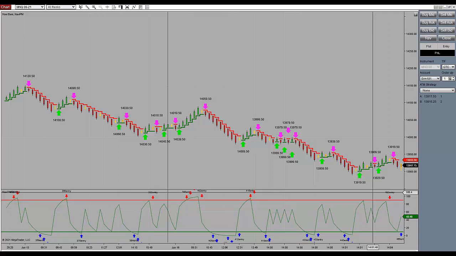I see some questions on stops. Now, one thing I recommend to everyone is this chart that we're running here is the micro futures, the Nasdaq micro futures.